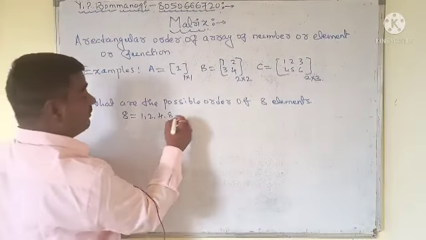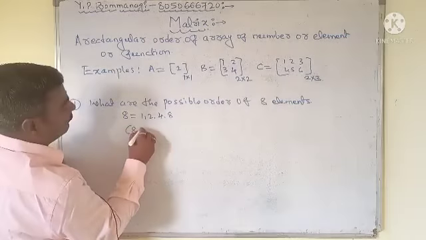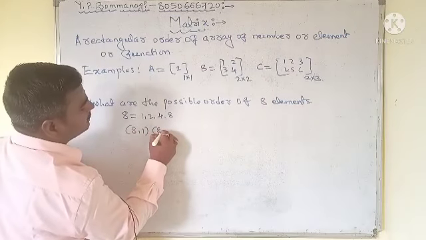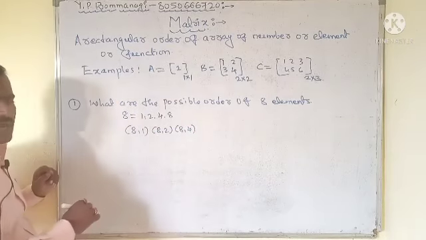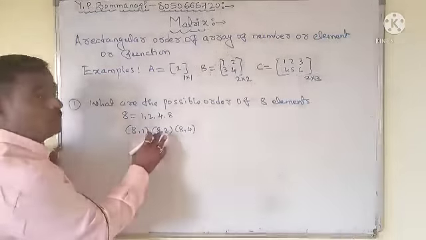These are expressed as 8 by 1, 1 by 8, 2 by 4, and 4 by 2. These are the possible orders.